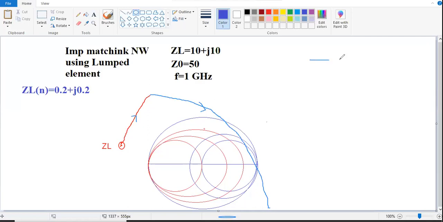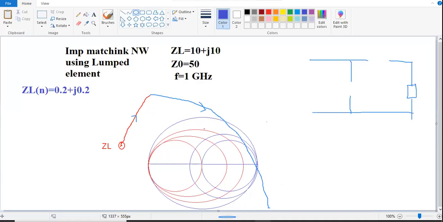First is the series element, this is your ZL. The first will be the series element and then the second will be the parallel.